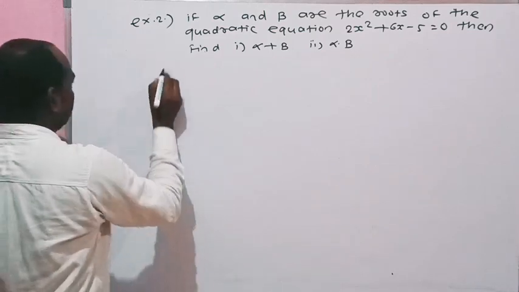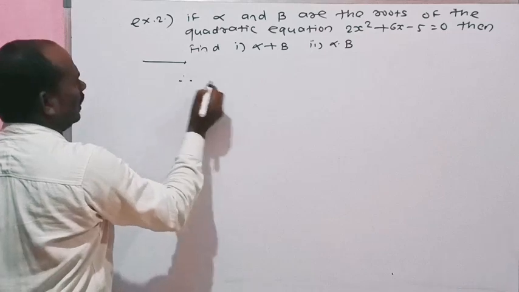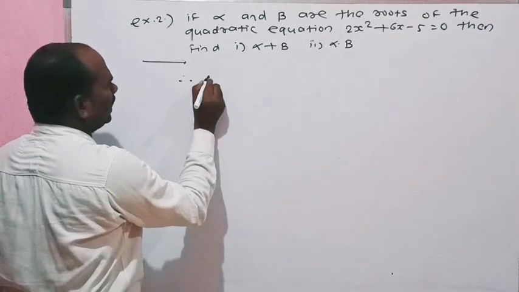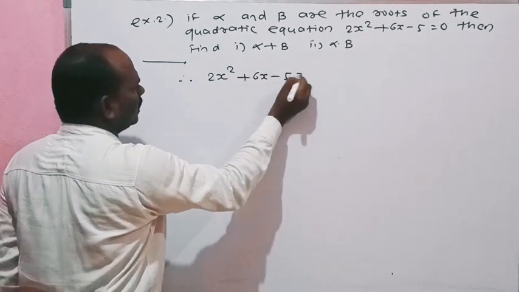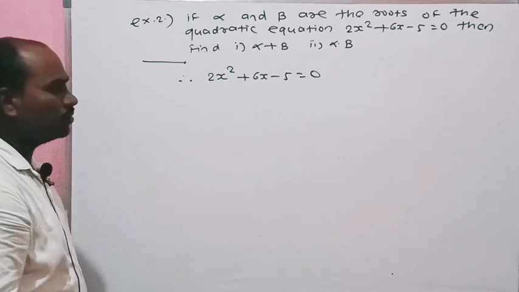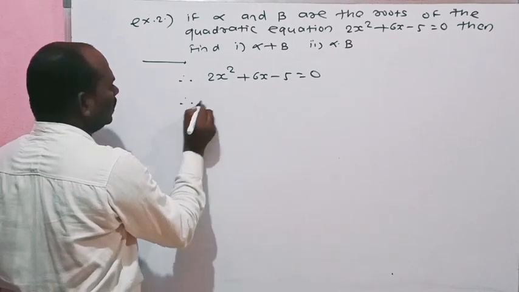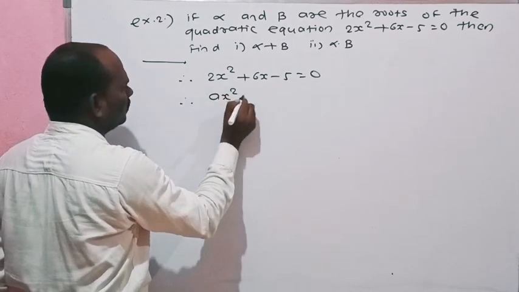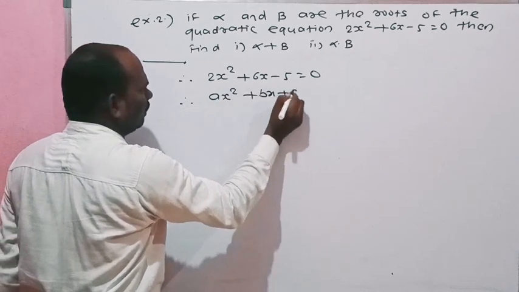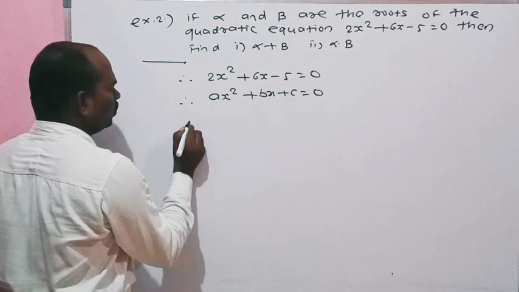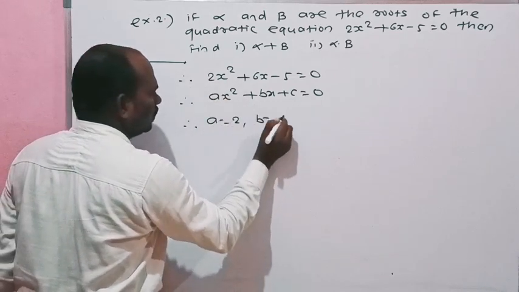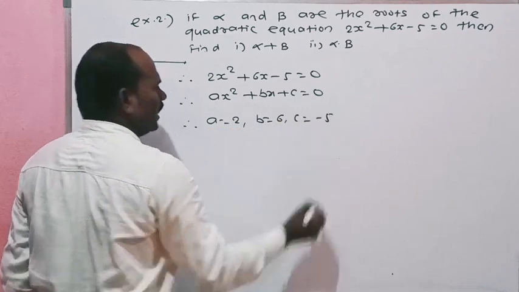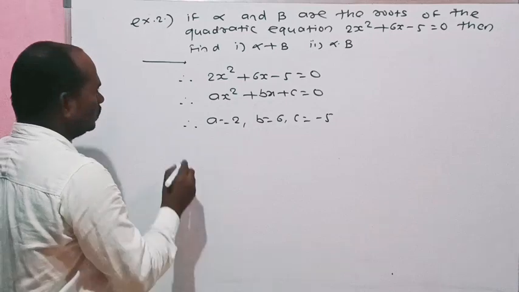Now first we write the quadratic equation: 2x square plus 6x minus 5 equal to 0. Therefore, equating with ax square plus bx plus c equal to 0, a equal to 2, b equal to 6 and c equal to minus 5.